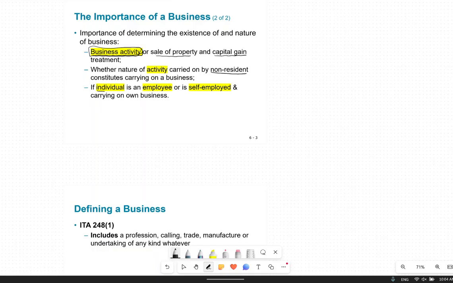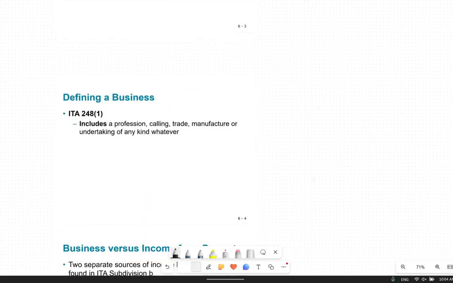Is the individual an employee, or self-employed? A business can be run by an individual, so you could be working for yourself as a sole proprietorship. Or you could be self-employed, which means you're not getting paid from a company, but you're running the business.